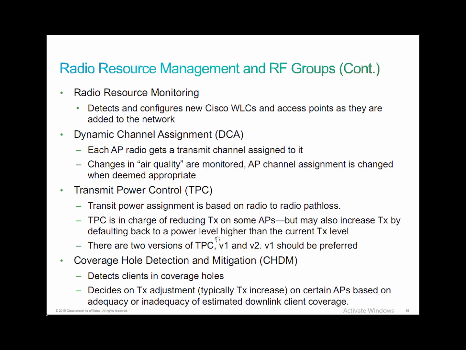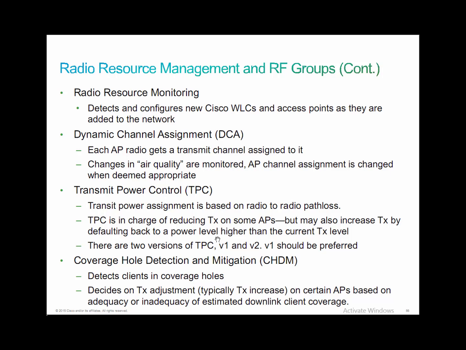Whenever there's a change in the infrastructure, maybe an AP fails or it's been disconnected or whatever, that's going to introduce something called a coverage hole. It's like a little black hole, and everything kind of goes through that black hole and gets lost forever. So another feature that's built into this is the coverage hole detection and mitigation algorithm, right?